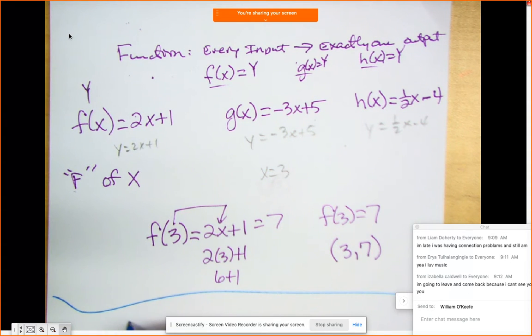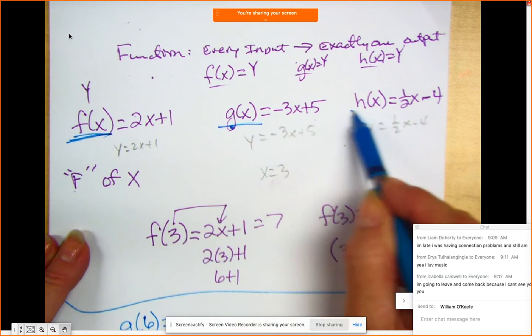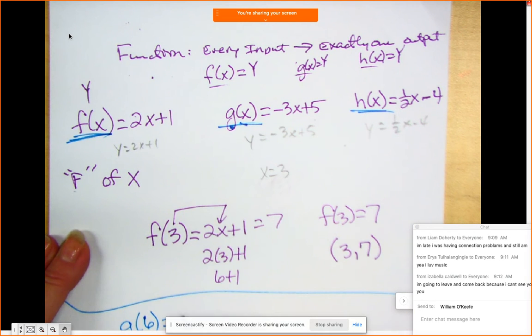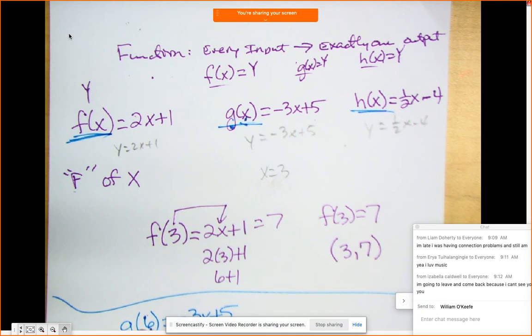Okay, so I could ask g of 6. Which function do you think I should use? Well, I'm going to look and see which one. Oh, look, that says g. I think I'll use this function. That means I want to take negative 3x plus 5, and instead of x, because normally it says g of x, well, today I'm subbing in 6.